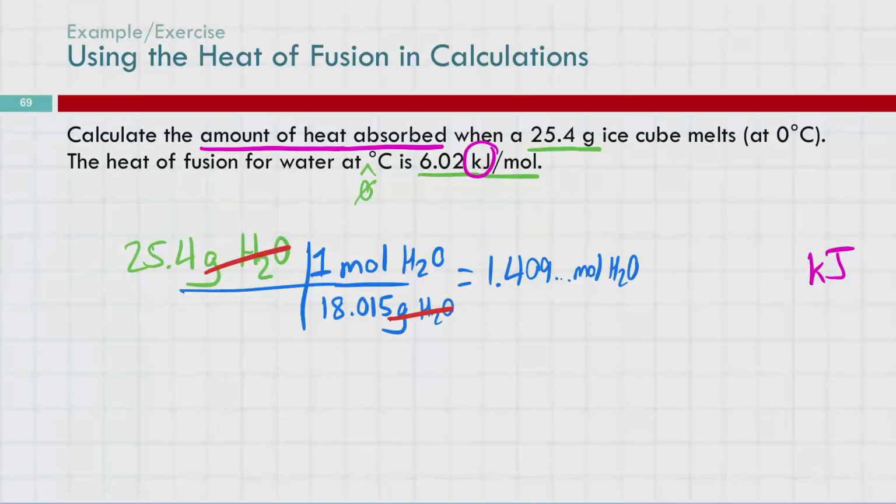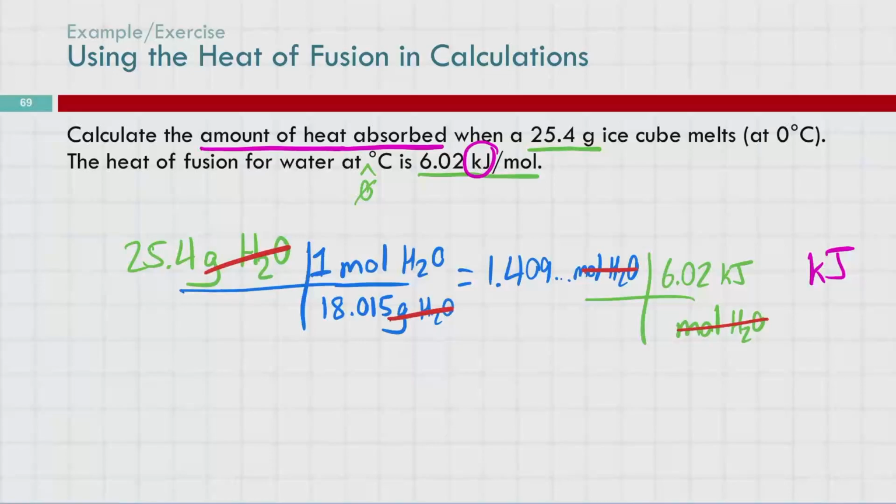Now we can apply our conversion factor, our 6.02 kilojoules per mole. It's kilojoules on top, moles on the bottom. We have moles on the top. We want kilojoules out. So we want the kilojoules part, the 6.02 part, up here on the top, and that means that the per mole part gets sent to the bottom. And it's for water, so we can tag on the H2O if we really care about getting rid of that H2O part.